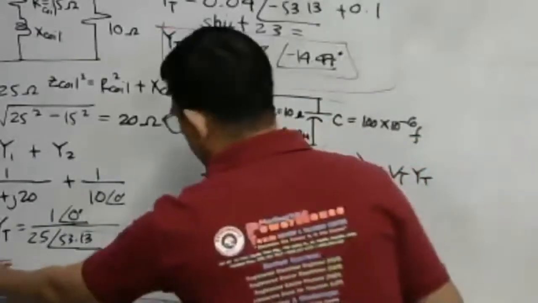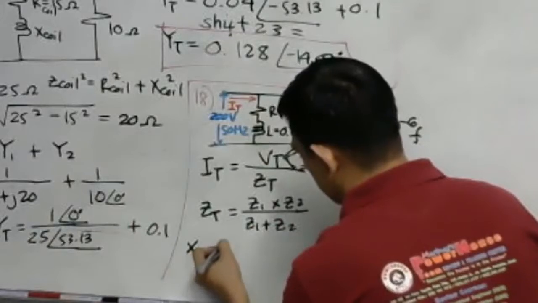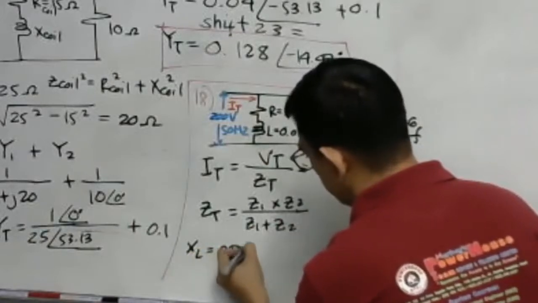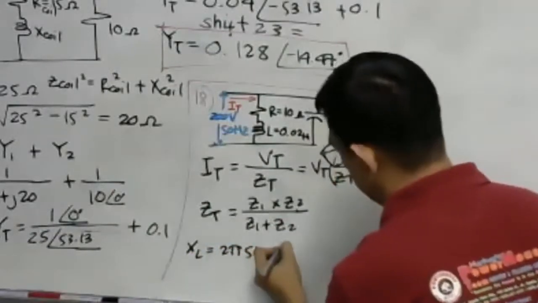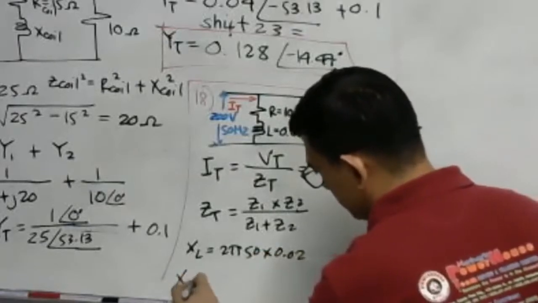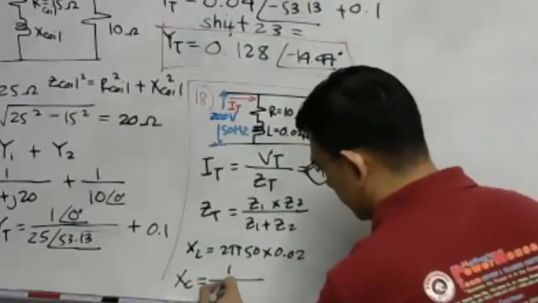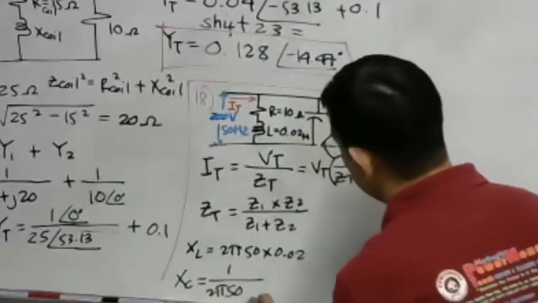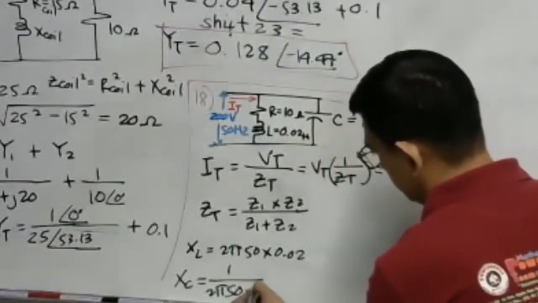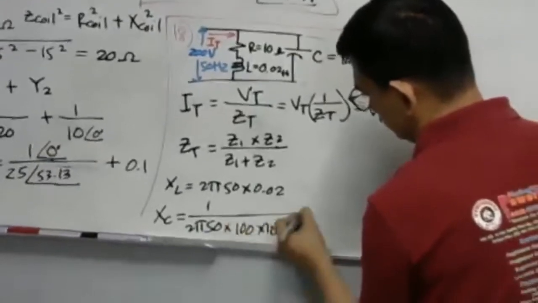Let's get first our X sub L here. 2 pi 50 L, 0.02. What about our X sub C? 1 over 2 pi times 50 times 100 times 10 raised to negative 6.